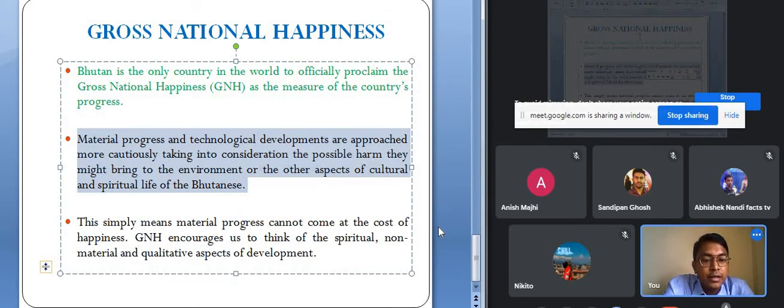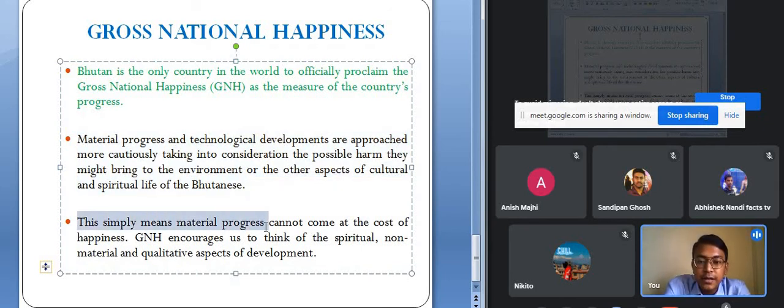Bhutan is a carbon negative country, meaning the environmental condition is very good there. So they do not want to hamper the environment through material progress or technological development. So they take into consideration the level of happiness of the people to measure its level of development.